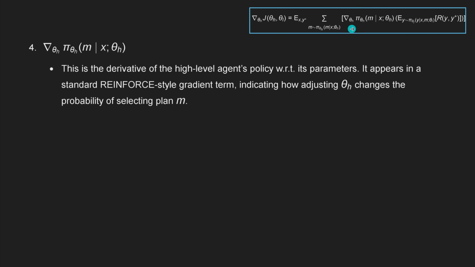This term is a little bit challenging, but never mind. This is just the derivative of the high-level agent policy with respect to its parameters. So you see pi theta high appears here in a standard REINFORCE-style gradient term, indicating how adjusting here the parameters theta high changes the probability of selecting a specific plan M.